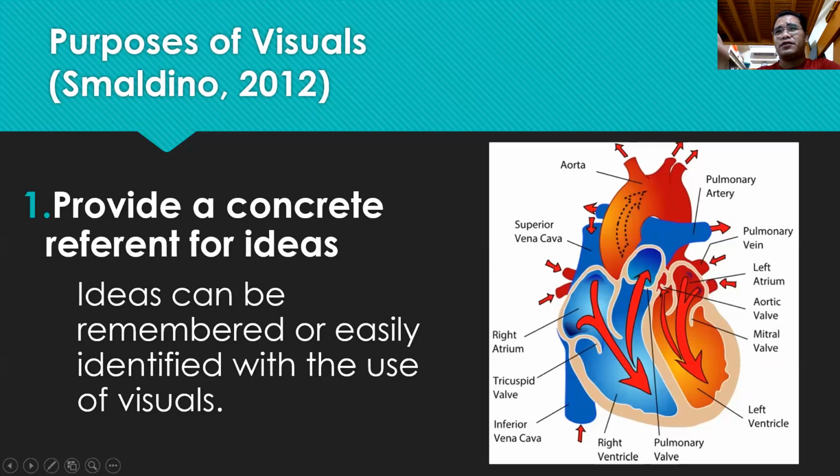So it tells us the parts of the human heart, where the blood goes in and goes out, so the inflow and the outflow of blood. So it gives us a reference that even without seeing an actual human heart, we understand and we know how the heart processes. It gives us a reference of ideas without actually seeing the actual material.